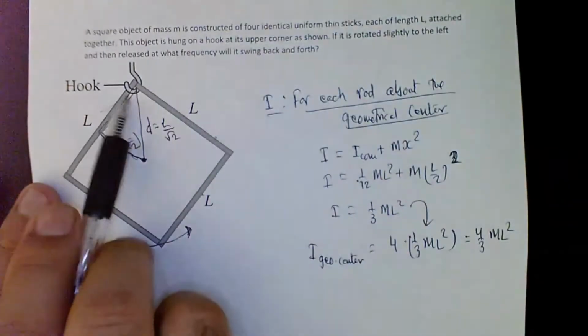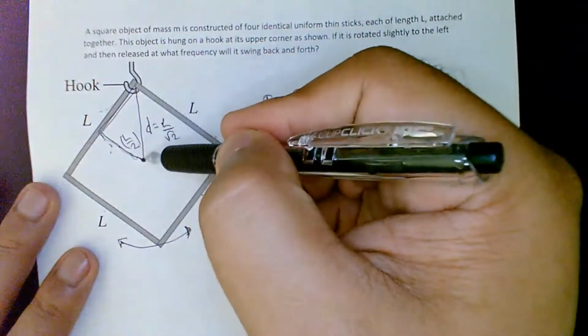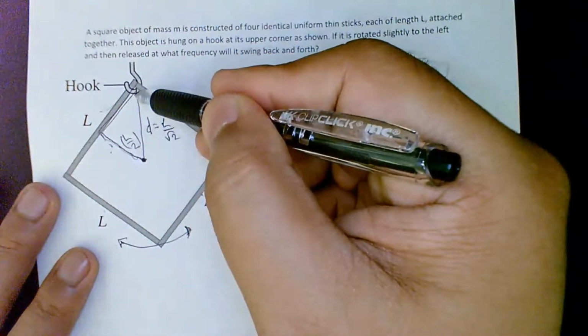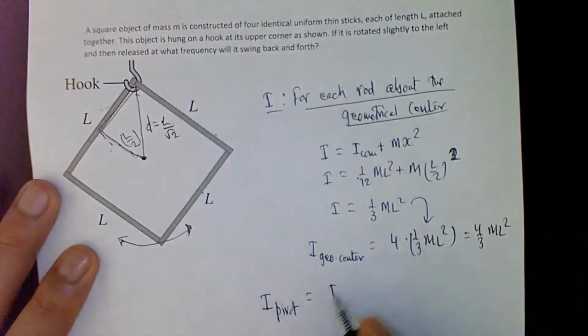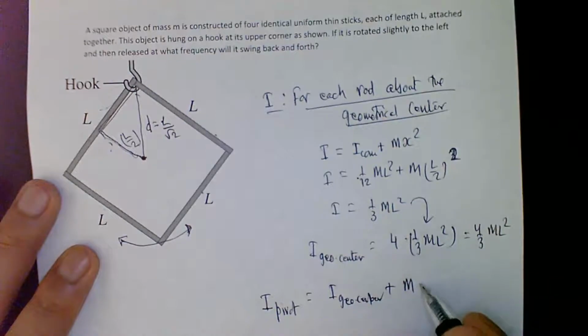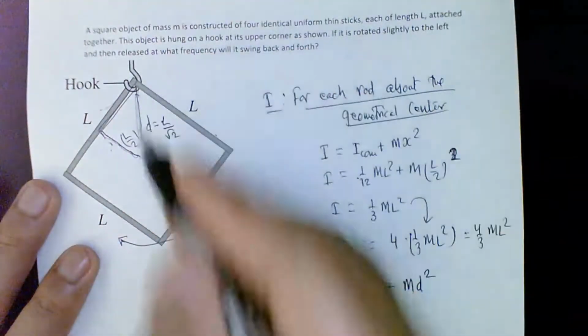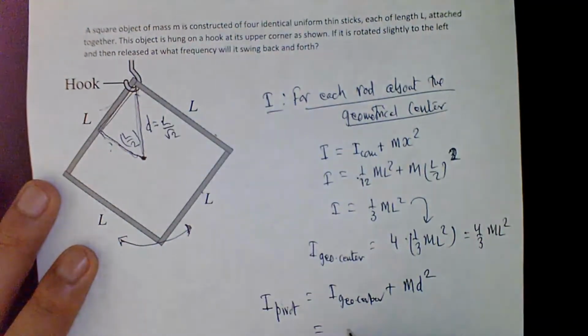Now, since the pivot point is right here, you have to shift the axis from here to here, using the parallel axis theorem. So I pivot is I geometrical center, which we just found, plus shifting the axis by distance d, and this d is given by L over root 2.